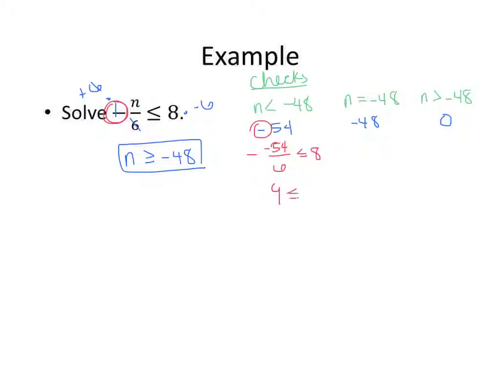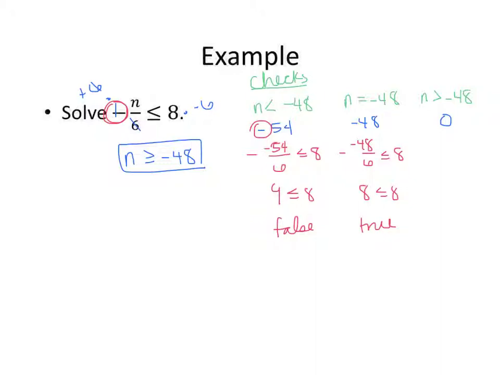Is 9 less than or equal to 8? No, that's false. Okay. And then negative negative 48 over 6 less than or equal to 8. That becomes an 8. An 8 less than or equal to 8, is that true or false? That's true since it has that equal to part.